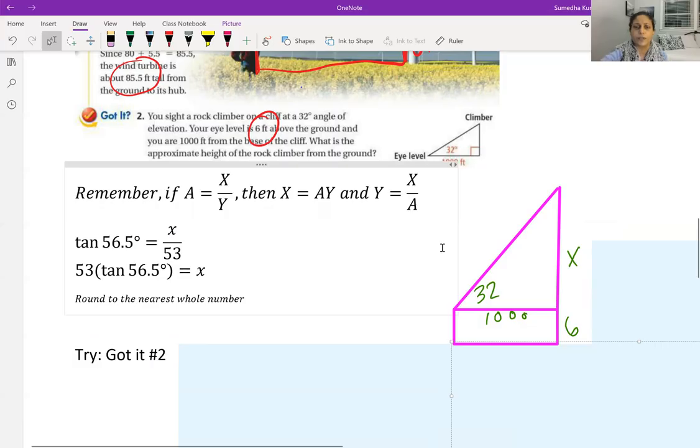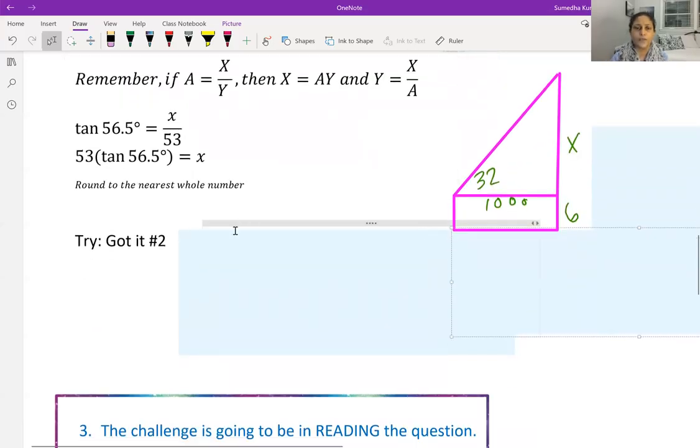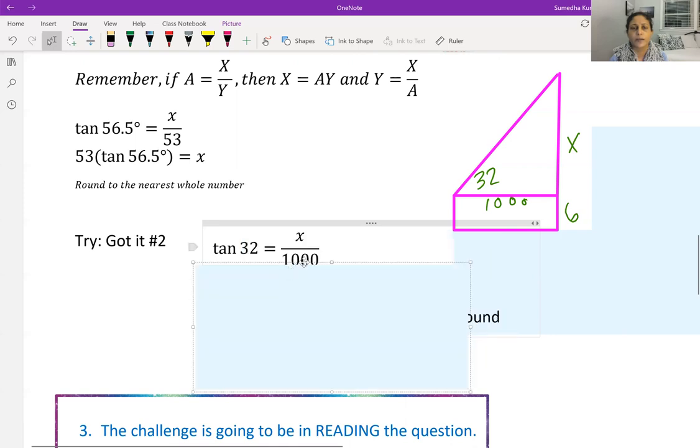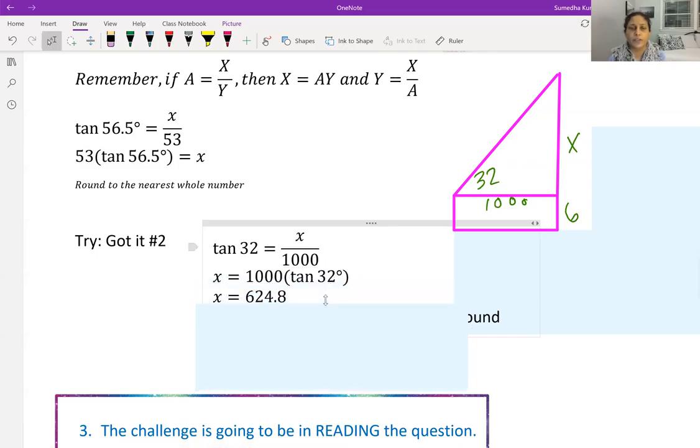So let's look at got it number 2. So you can first find your x. Tan 32 is equal to x over 1000. And then you do your multiplication by 1000 on both sides, and you get x is equal to 624.8.